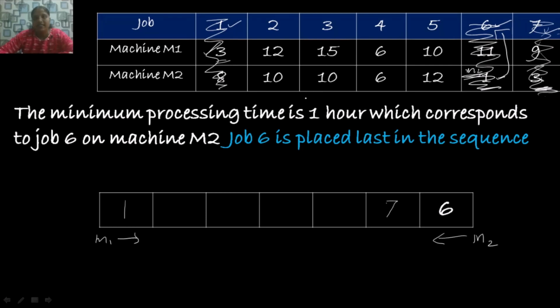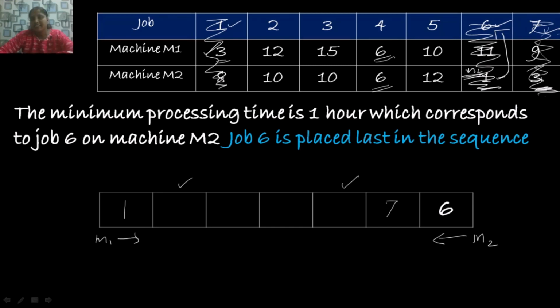Now the next minimum processing time is 6 hours. Here there is a tie within the same job. So either we place job 4 next to first or next to last, because the 6 hours of processing time on job 4 falls on machine M1 and also on M2.